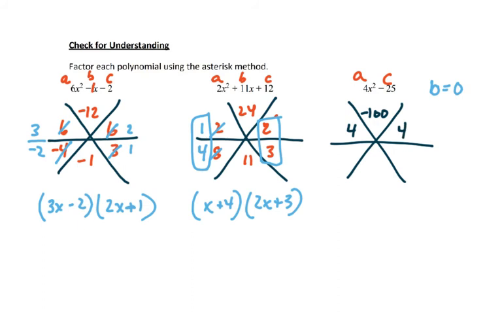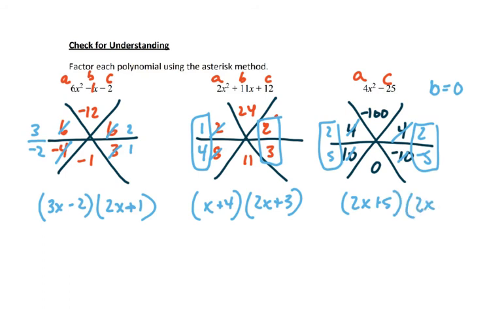We need two numbers that multiply to get negative 100 and add up to 0, which is 10 and negative 10. Both of these reduce by 2, which leads us to 2x plus 5, 2x minus 5.